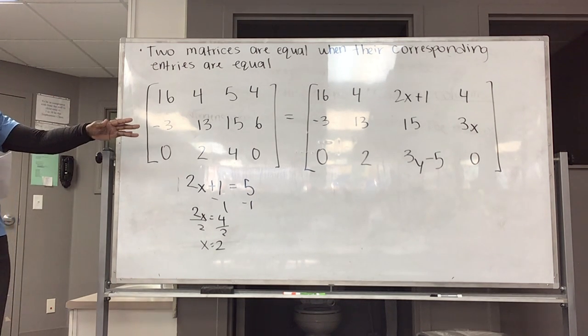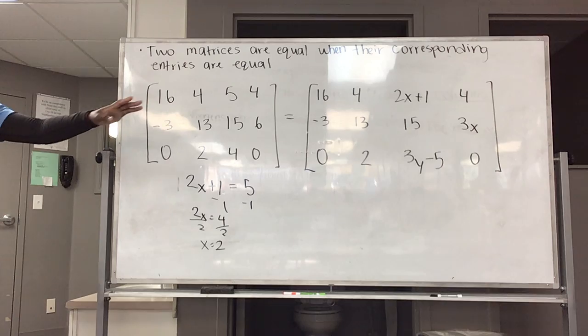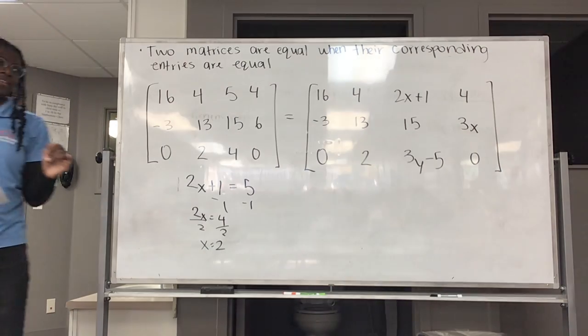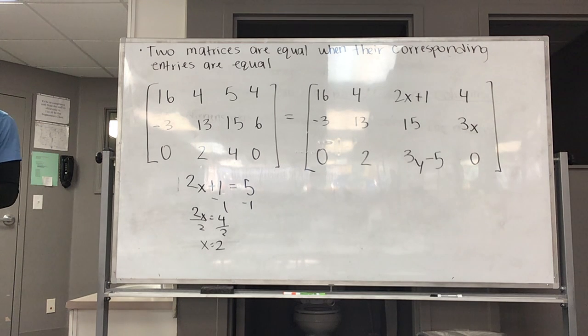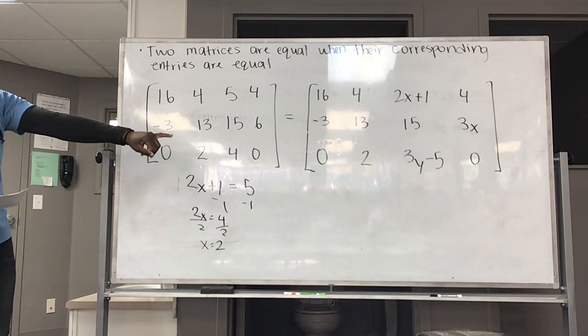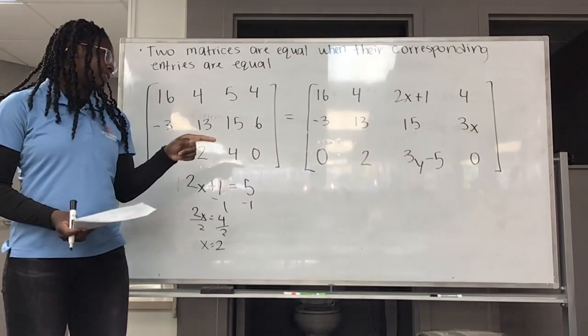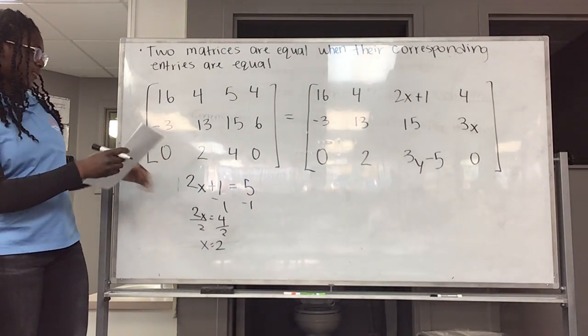If you also see on the far right in the middle, we have a 3x, and then over here on this matrix, we have a 6. So we can also check our math, solve for x again, and set 3x equal to 6. I'm not going to write that, but if you solve it, you get x equals 2 again. And then lastly, down here at the bottom, we have 3y minus 5, and that should be equal to 4.